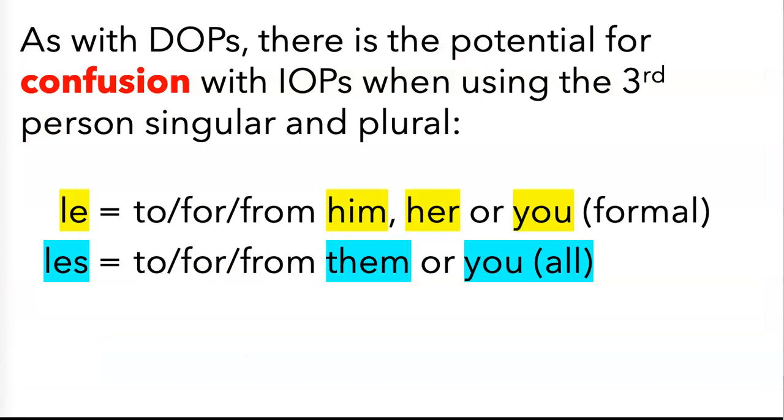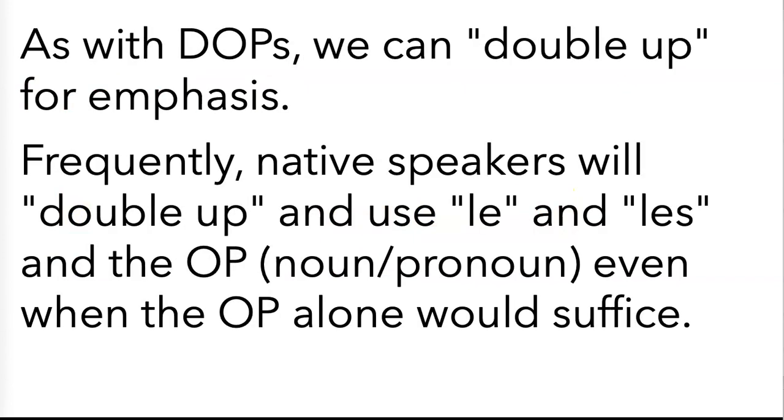As you can tell, just like the direct object pronouns, there is the potential for confusion with the indirect object pronouns when we're using the third person singular and plural, because again, le can mean to, for, or from, him, her, or you. Les, being plural, can mean to, for, or from them, or you all. So again, we can double up for emphasis.